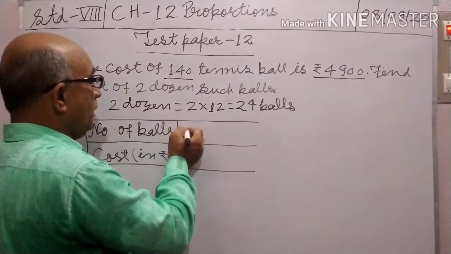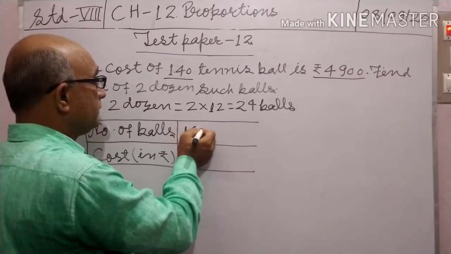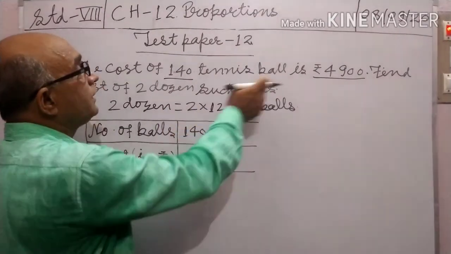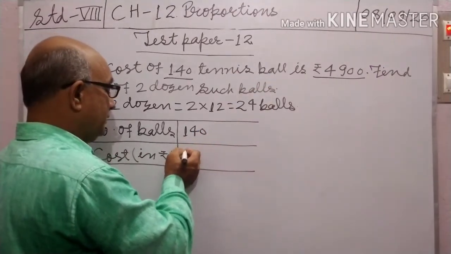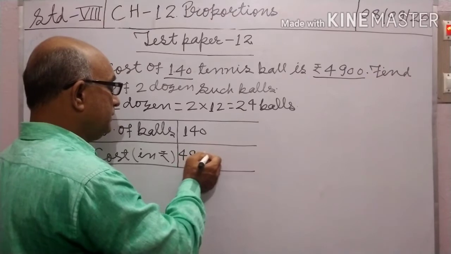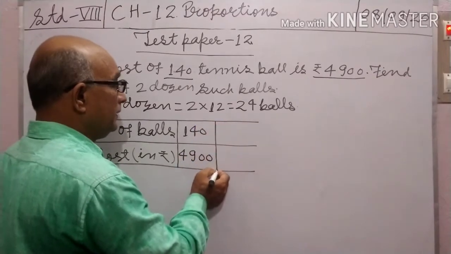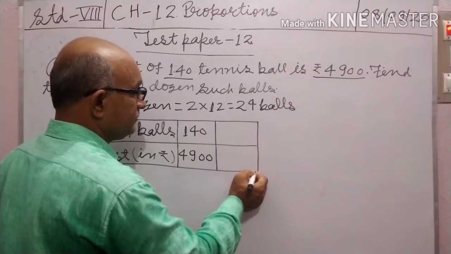Number of balls is 140, and cost of 140 balls is 4,900.